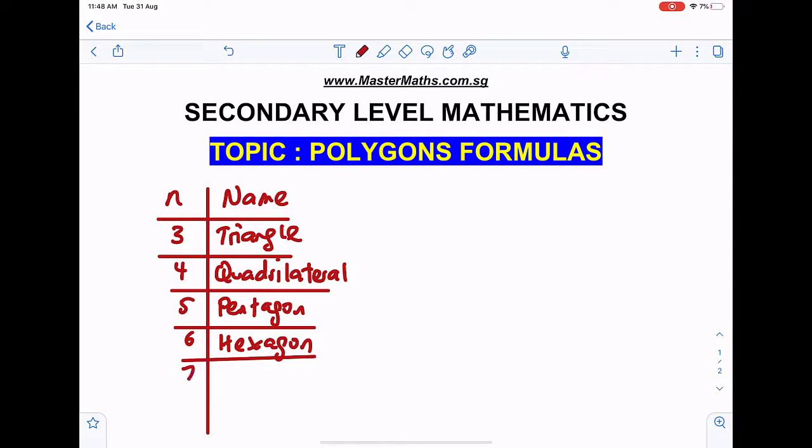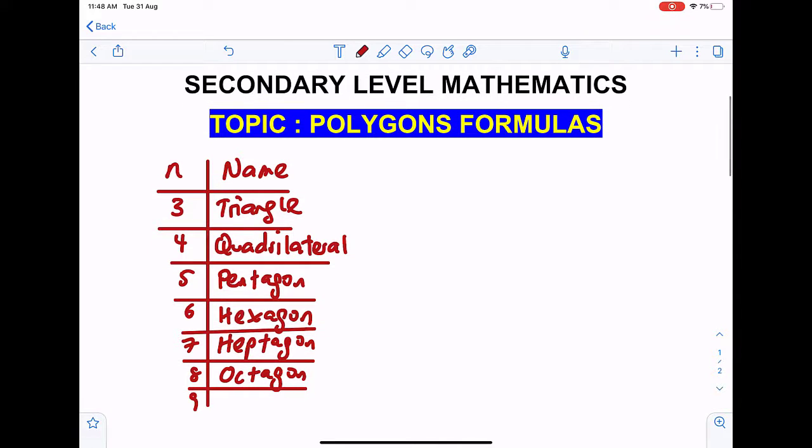So a 7-sided figure will be called a heptagon. An 8-sided figure is called an octagon. A 9-sided figure is called a nonagon. And last but not least is a 10-sided figure, which you must know.